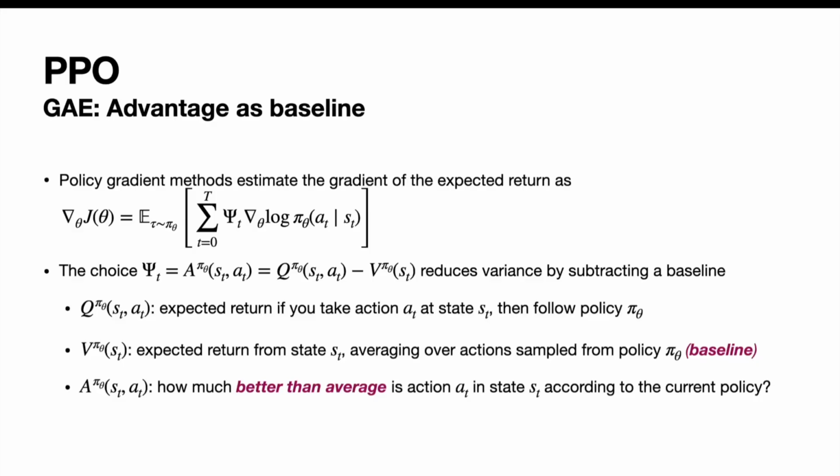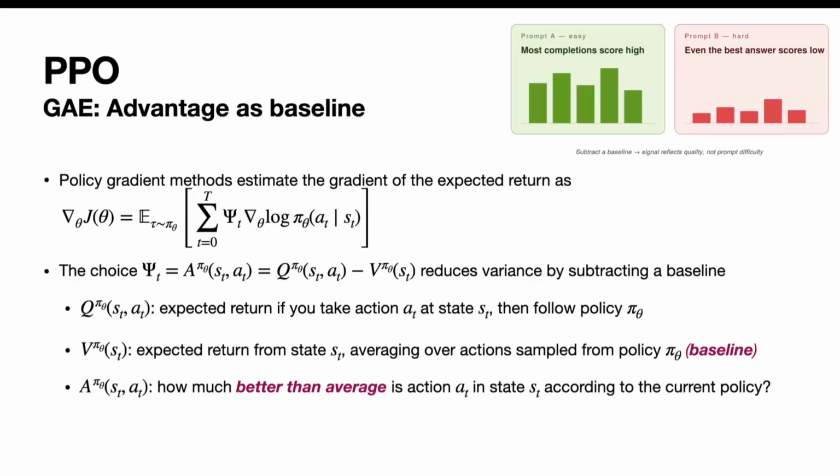This baseline is important because it reduces variance. For example, imagine two prompts. Prompt A is easy, so most completions get high scores. Prompt B is hard. Even the best completions may get relatively low scores. If we only look at raw reward, the easy prompt may always look good and the hard prompt may always look bad.